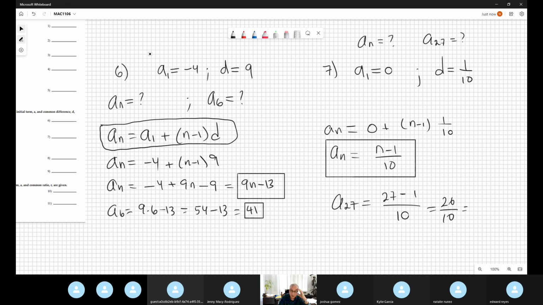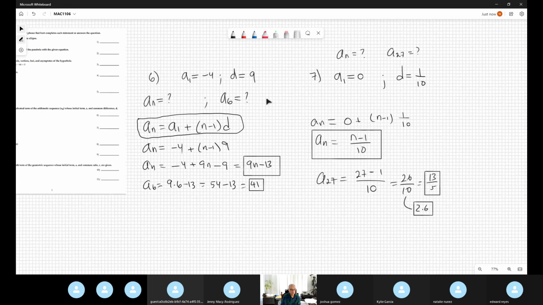And as a fraction, you reduce it to the lowest terms, dividing by 2, which is 13 over 5. Leave it like that, or in decimal 2.6. It's the same. Any question? Super clear or super confusing?